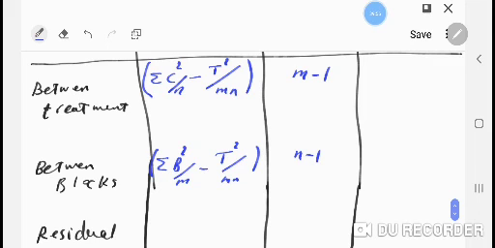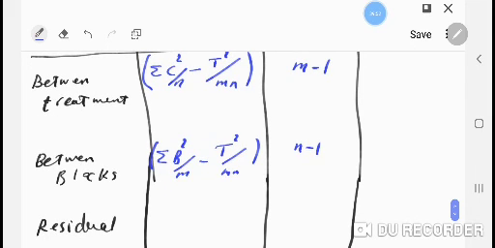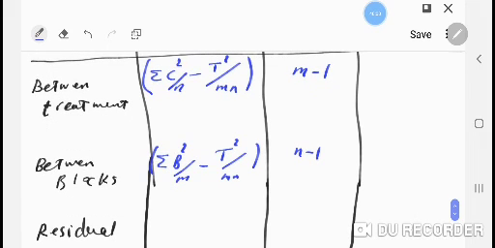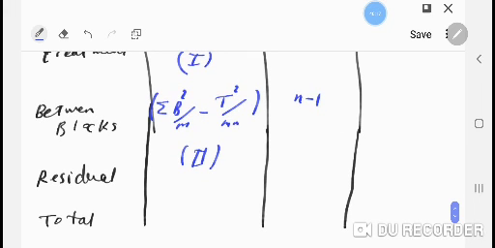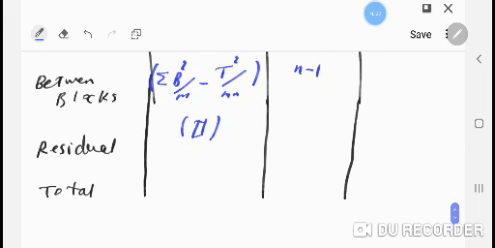And for residual you can calculate by this formula. If this is formula 1 and this is formula 2, the total is sigma x2 minus T2 per mn.